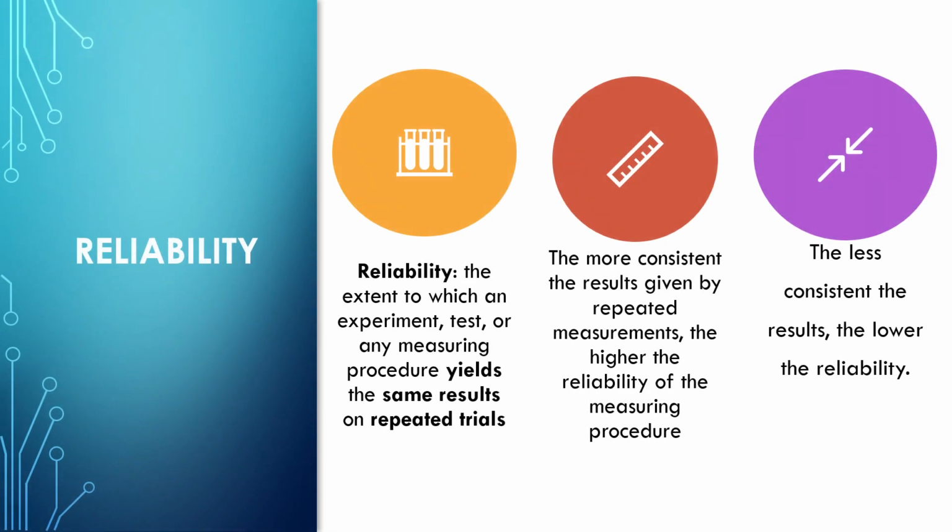Now, in terms of reliability, we, I think, talked about this as being the extent to which an experiment or test or any measuring procedure yields the same results. So you do want the same outcome every time without ecological interference, which is what I think we might consider to be growth. So we want consistent results.